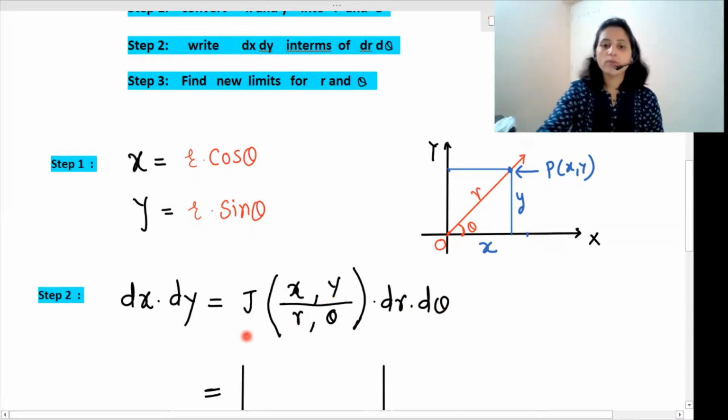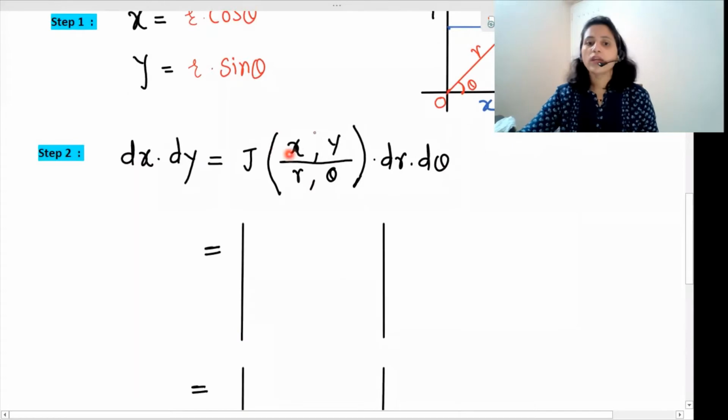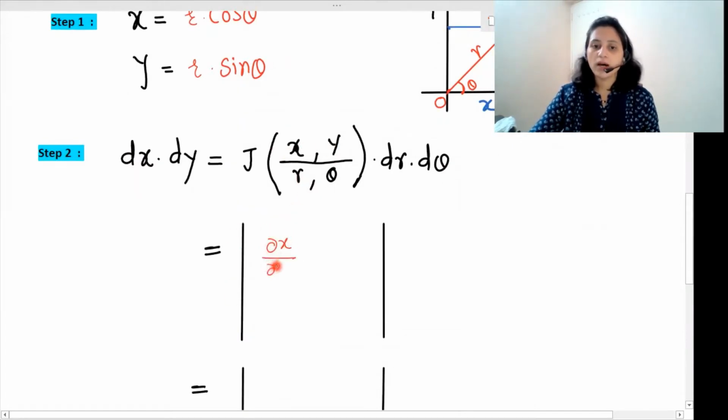Okay, so what is Jacobian? Definition of Jacobian, we can write this Jacobian as determinant of ∂x/∂r, ∂y/∂r, next ∂x/∂θ and ∂y/∂θ, dr d theta. This is as it is, right?